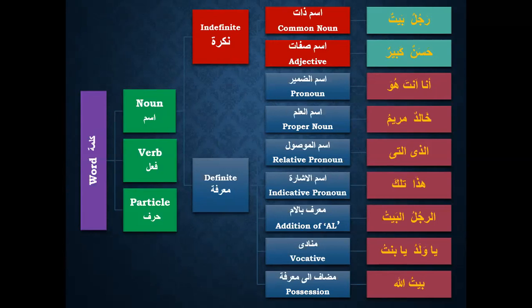We will cover that in detail. And then something which is possessed by something else, another noun possessing something. So mudaf ila ma'rifah, something which is possessed by a ma'rifah becomes ma'rifah per se. And nakira has 2 main types, ismi dhat and ismu sifa or sifat.